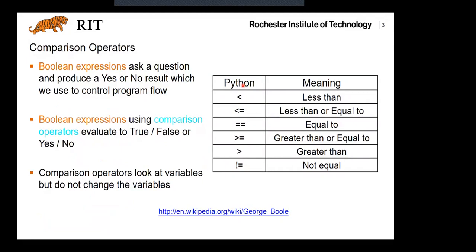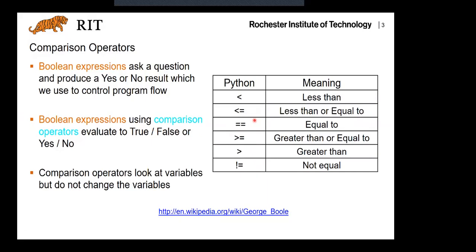These are the so-called comparison operators. And an expression using such an operator is called a Boolean expression, meaning it will give you a statement that is true or false.